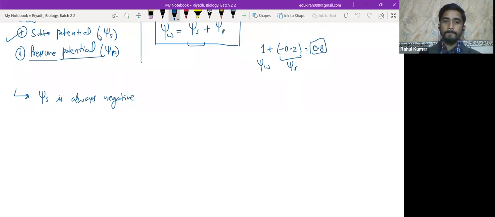Okay, so even for a pure water, there is one way to increase the potential of that pure water also. You keep that pure water under high pressure.